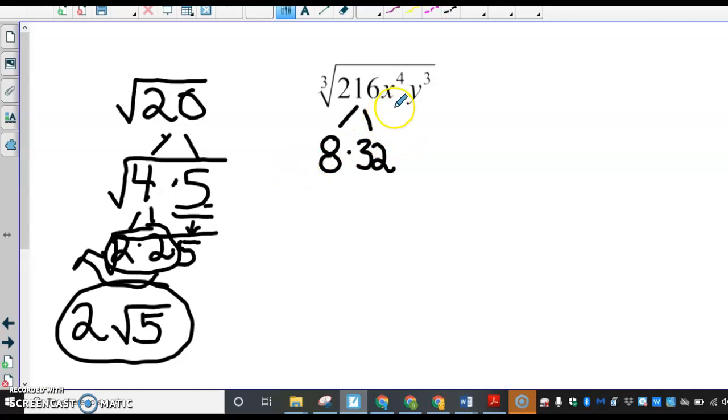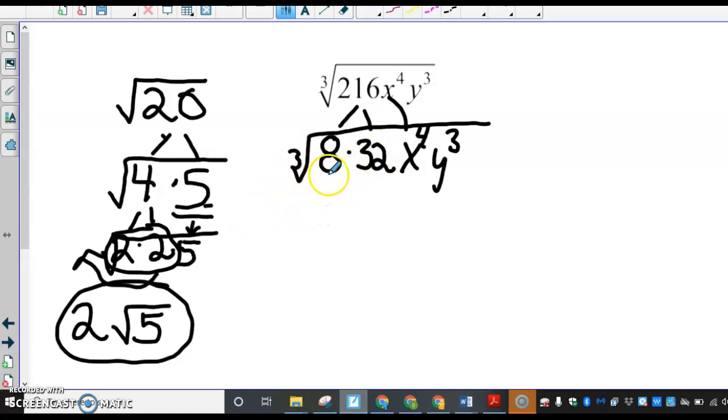And to make my life easier, I'm just going to carry down these variable terms and deal with those in a little bit, but don't forget to bring them down with you. And don't forget this little 3 goes here to remind us this is not a square root, it's a cube root.